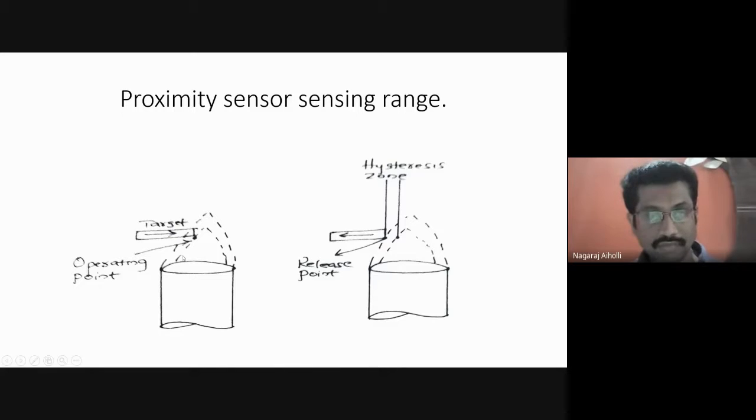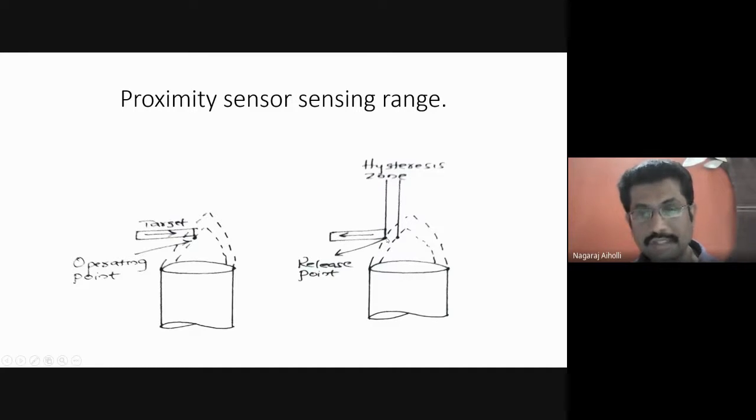As you can see in this figure, this is the operating point at which the proximity sensor is able to detect this target object, as it is nearer to the sensor. In the second figure, the object is moved away from the sensor.